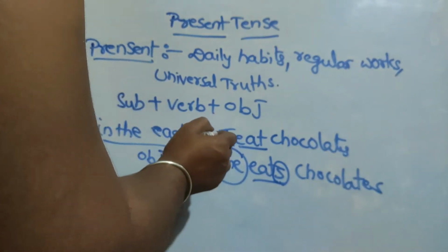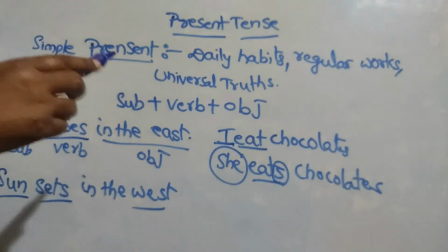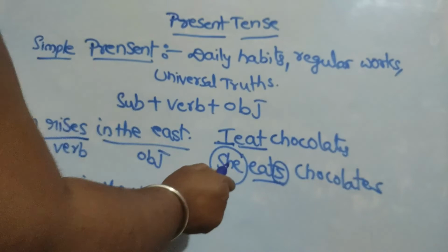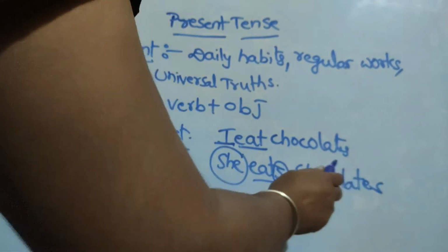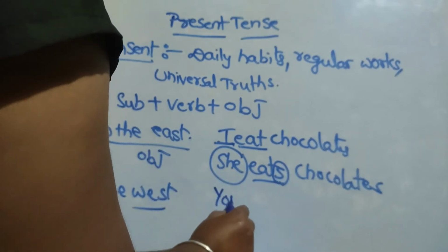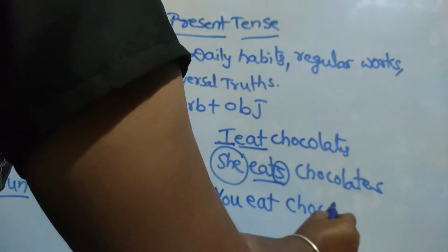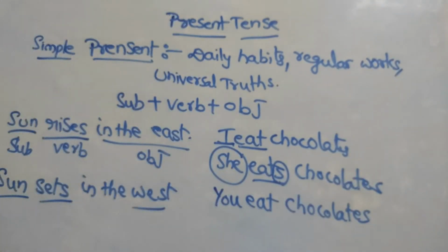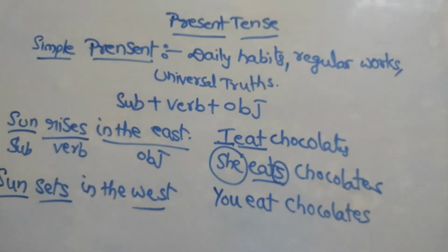First person singular and second person singular will not have s. Only third person singular has an extra s or es at the end of the verb. She eats chocolates. You eat chocolates. I will explain again what first, second and third person are after explaining simple present completely.